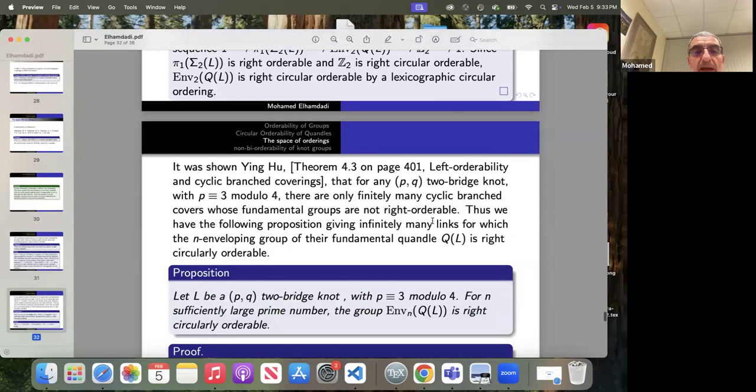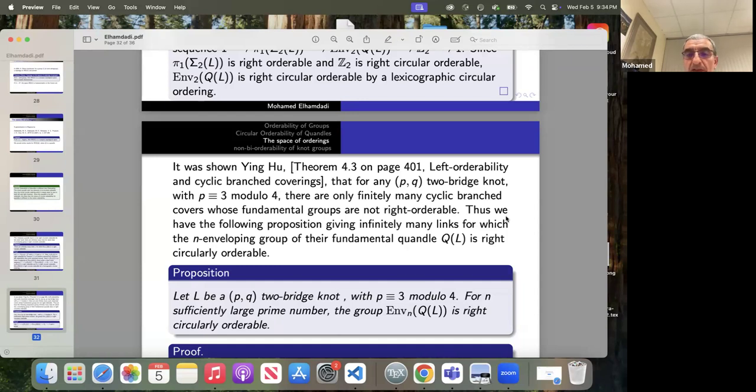It was shown by Ying Hu in the paper titled Left-Orderability and Cyclic Branched Coverings, theorem 4.3 on page 401, that for any (P,Q) two-bridge knot with P congruent to 3 mod 4, there are only finitely many cyclic branched covers whose fundamental groups are not right orderable.